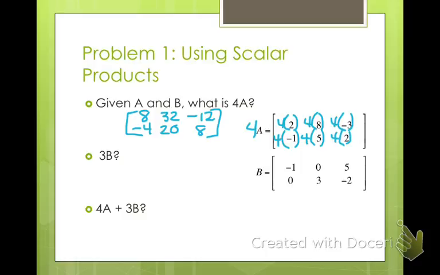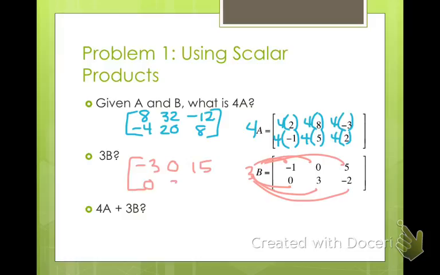Pretty simple. You just multiply the number through. For 3B, we take 3 and multiply it to everything inside our matrix. So 3 times negative 1 is negative 3, 0, 15, 0, 9, negative 6.